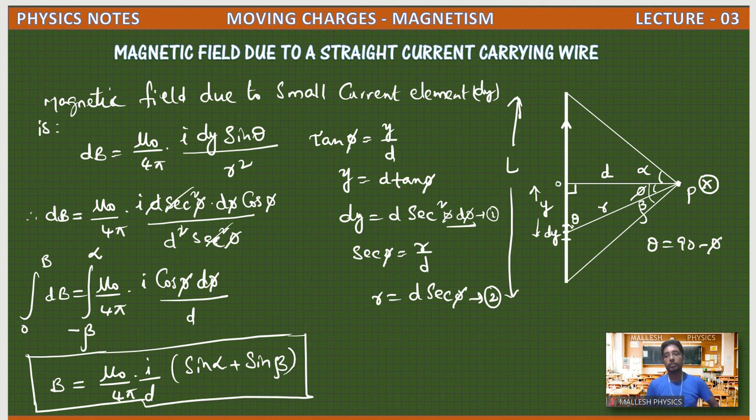Here alpha and beta are the angles made by the point with the perpendicular distance.